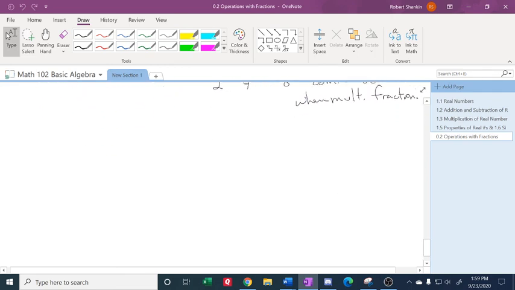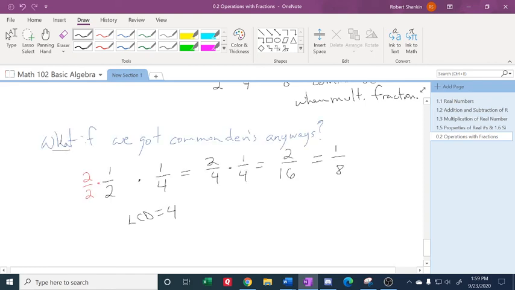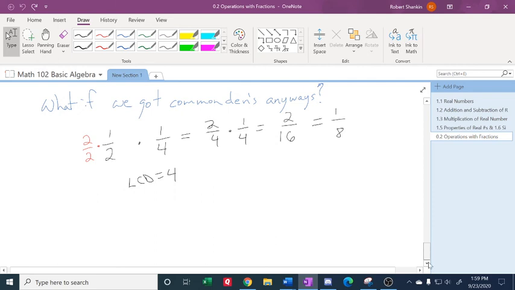And in the homework, we're going to see problems that have multiple parts. Like, for instance, scroll all the way to the bottom.